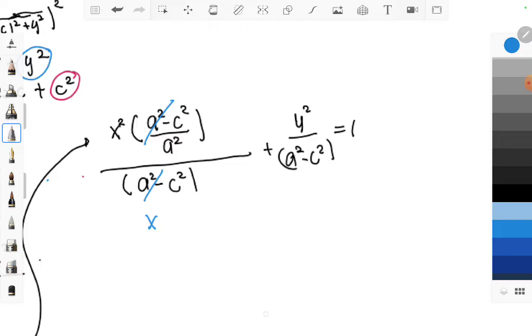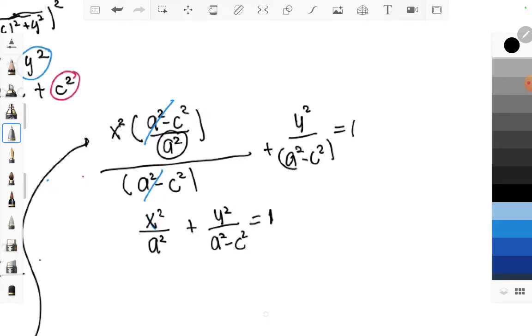So you'll have x squared all over a squared plus y squared divided by a squared minus c squared, which is equal to 1.